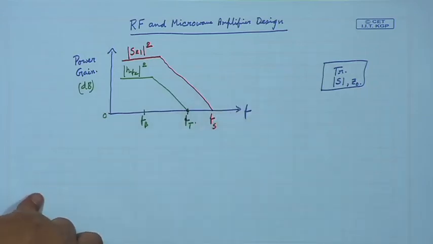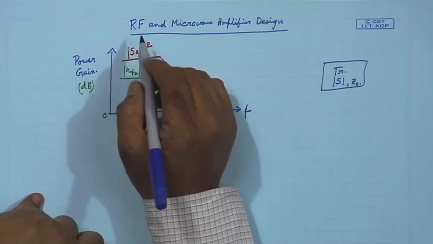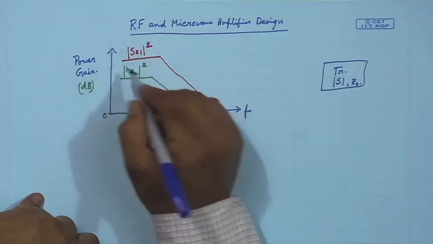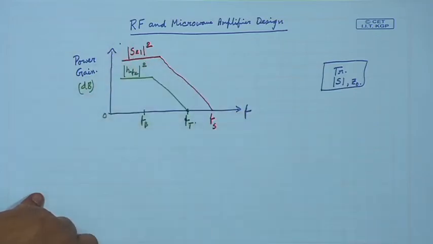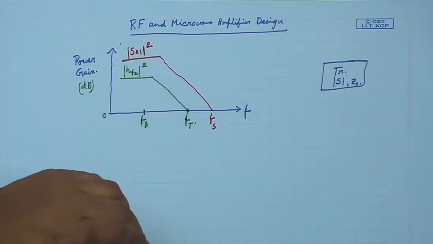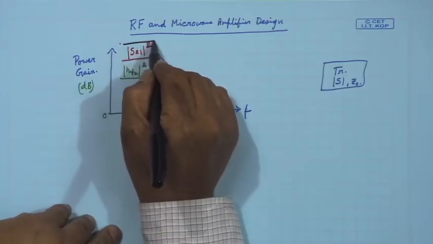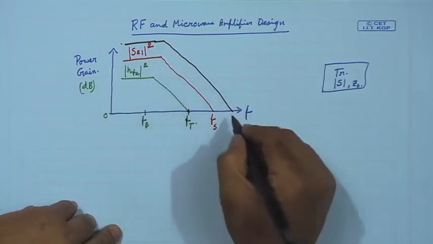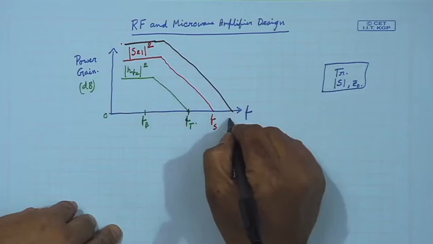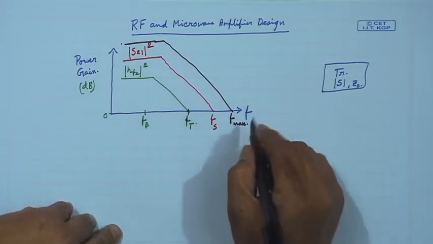However, by proper design we can improve this, we can add some extra gain, and that actually will be the topic of this lecture series, that we can improve this part and make it go up to a higher frequency F max.